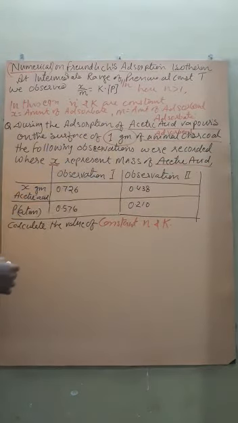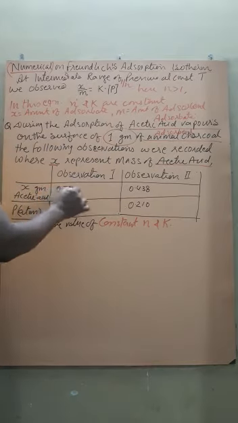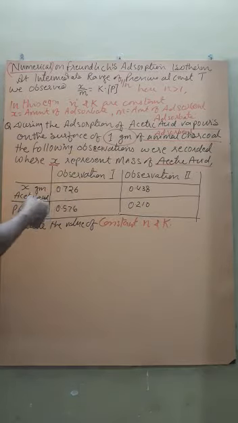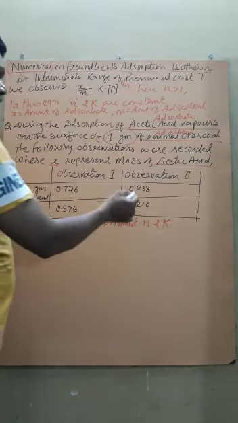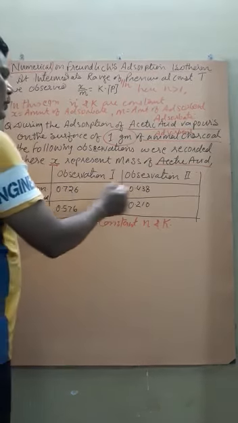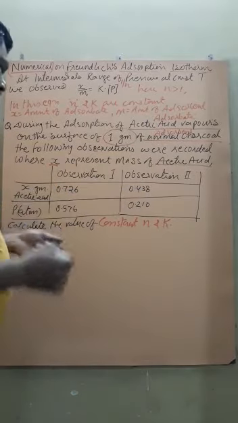Observation 1. X gram of acetic acid means 0.726 gram of acetic acid is adsorbed when the pressure is 0.576. But when the pressure is 0.210, that is pressure decreases, then the amount is 0.438, that is amount also decreases.